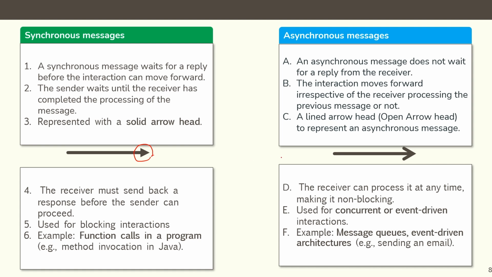Contrary to this, asynchronous messages are all denoted using an open arrowhead between two objects or lifelines. So the other main difference between synchronous and asynchronous messages: in the synchronous case, the receiver must send back the response to the initiator or sender, who can then proceed to the next action.